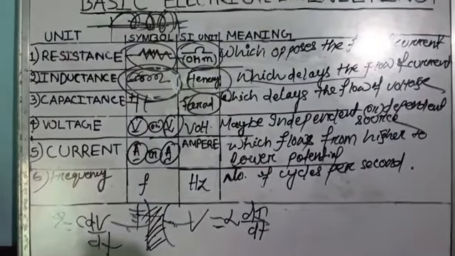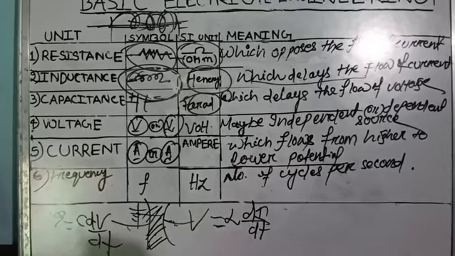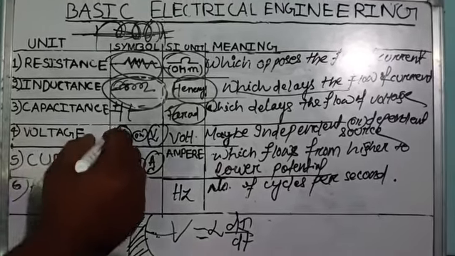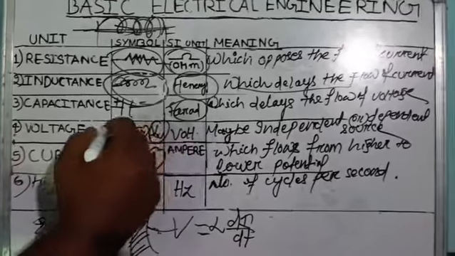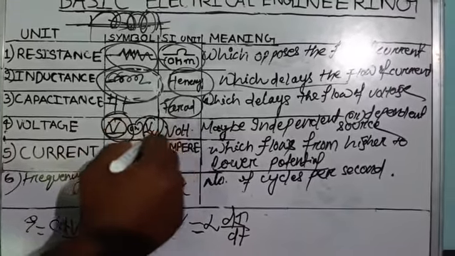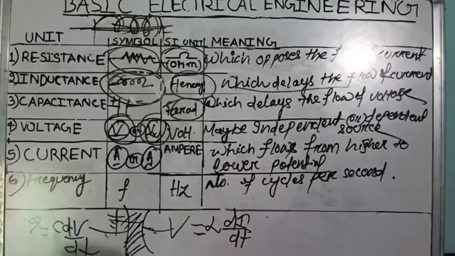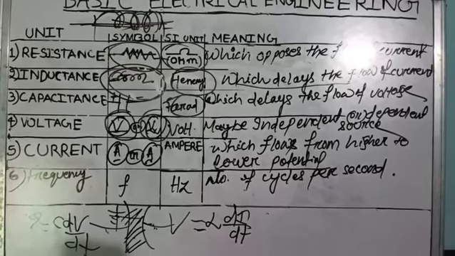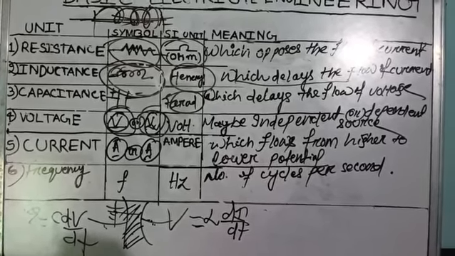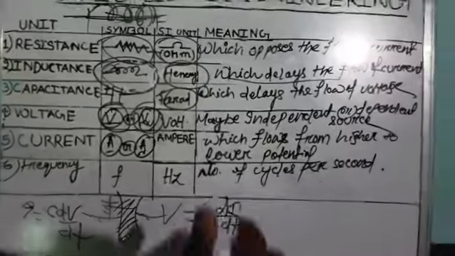So next comes the term voltage. Voltage has two symbols, this is one and this is another. This is for DC voltage and this is for AC. We have two types of supply, DC supply and AC supply.